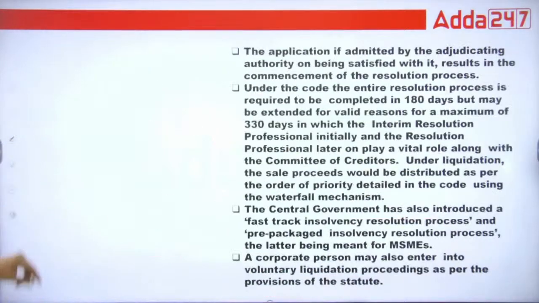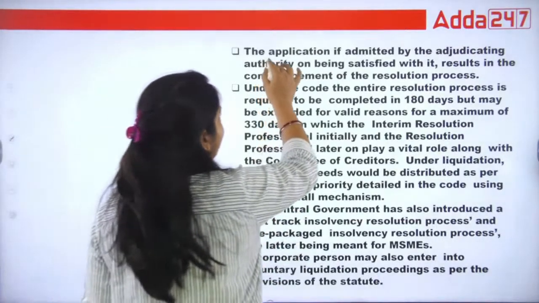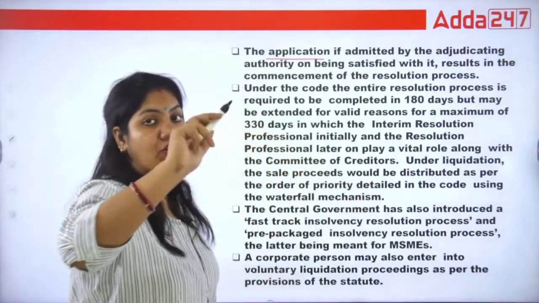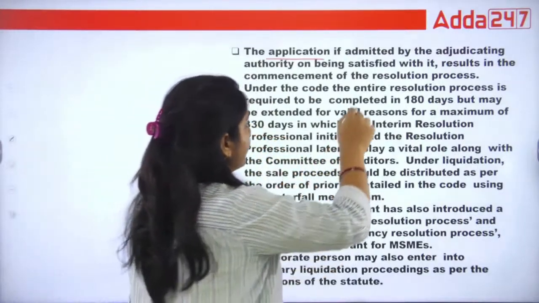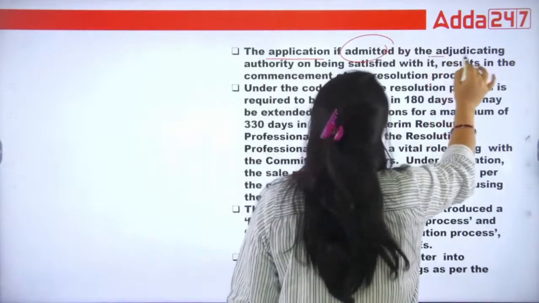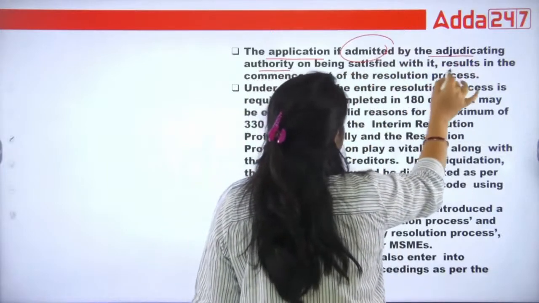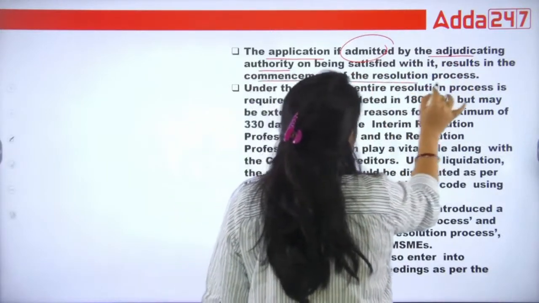Now, the application, if admitted. Suppose the bank has filed the application before the adjudicating authority and that application is admitted, the adjudicating authority, on being satisfied, results in the commencement of the resolution process.